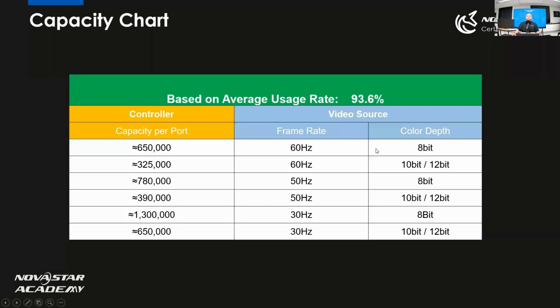So here we share the first form with you, based on the average usage rate of 93.6%. The loading capacity for each output of the controller will be influenced by the frame rate and color depth of the input. So if you want to know how many total pixels one output can handle, you can check this form.